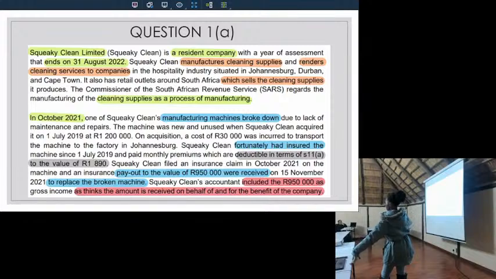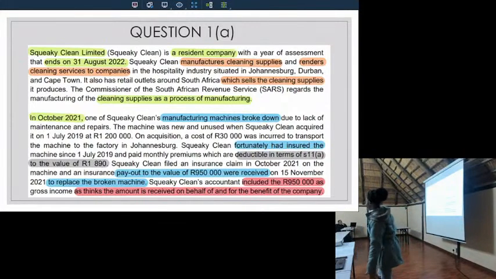We don't have to go through case laws. If it's an amount that has been received, we include it in our tax. But we have those, like the ones in class and the ones that are online, who know that we first need to go through the case law principles to determine whether an amount is gross income or not. Do you understand? So you might find that the scenario has an accountant who has included amounts in a certain way.